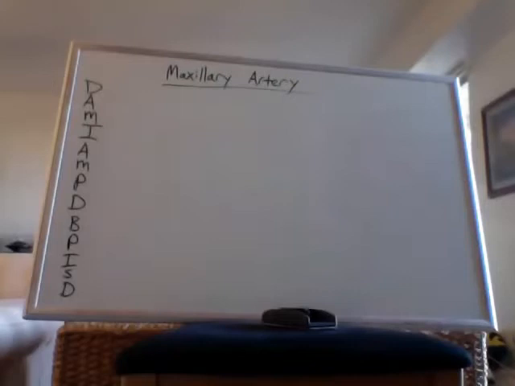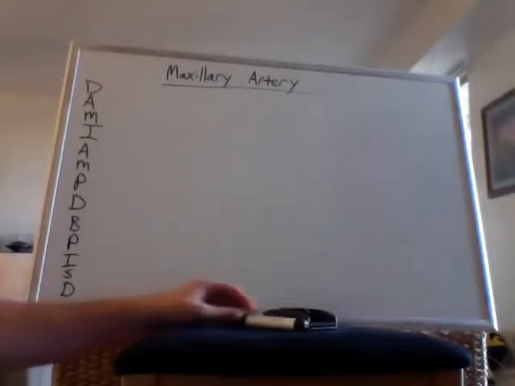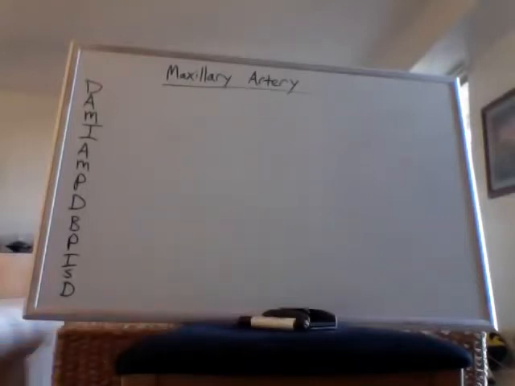So the other thing that we need to do here quick too is, the professors in a lot of schools like to segment different arteries into different categories, as far as there's a segment 1, segment 2, segment 3. Like the axillary artery has 3 different segments that you have to know. Well, the maxillary artery also has 3 different segments, and the easiest way to remember those segments is it's 5, 4, 4.